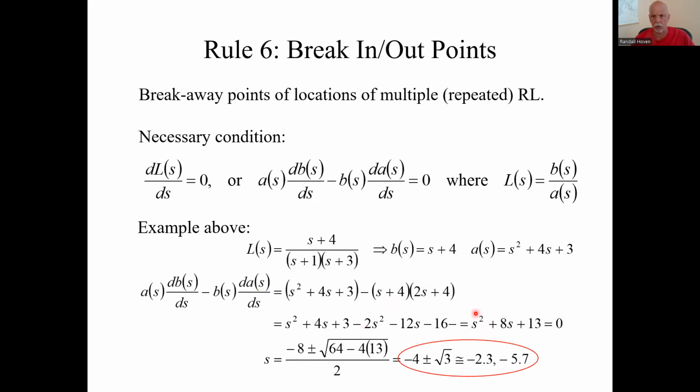Simplify that. You get a quadratic. Use the quadratic formula. And it says, there's where you're going to have branches break out or break in to the real line. Minus 4 plus or minus square root of 3, or about minus 2.3 and minus 5.7.